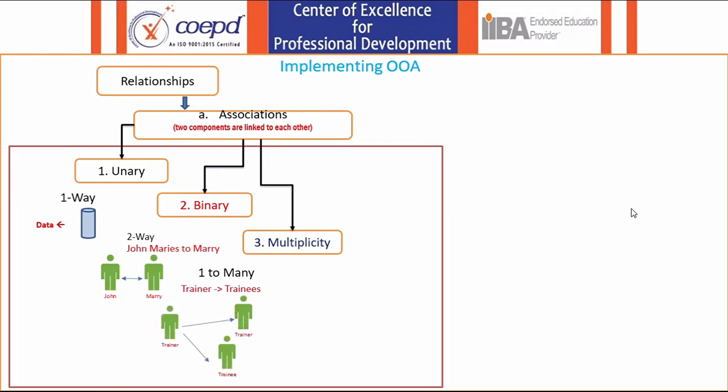One to many. Right now the association between you and me is multiplicity. I am giving inputs and you are able to view them. But how many are going to view this particular screen? All the people in the room, right? This association is a multiplicity. Then you may ask me, what about binary?